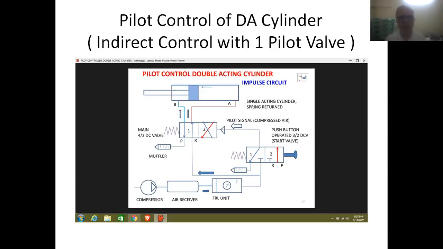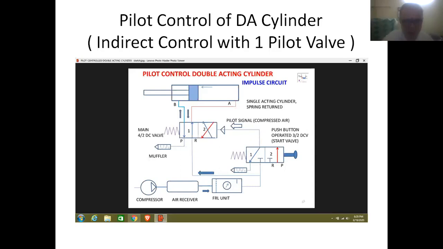So friends, this is the arrangement of this particular circuit, and several times we have talked about the arrangement of pipelines. This is the supply pipeline for sending fluid into the pilot valve, and this is the supply pipeline for sending fluid into the DC valve.